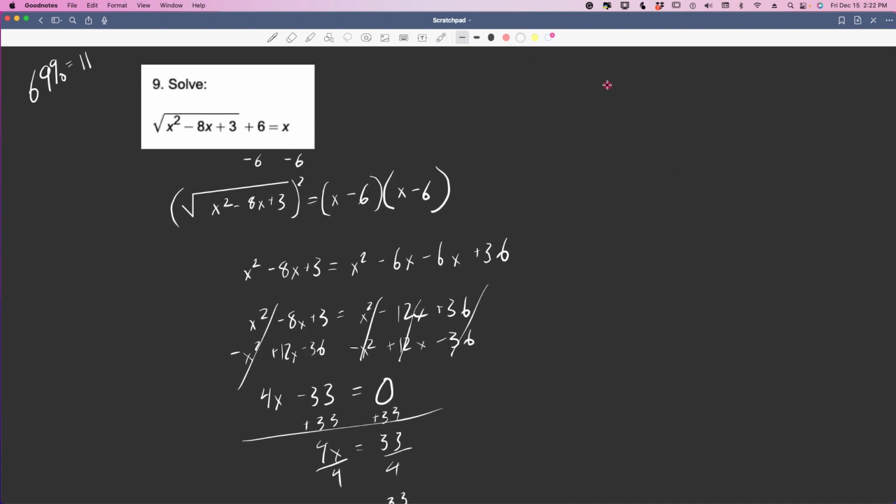So let's drop that in. So we got the square root of 33 over 4 squared minus 8 times 33 over 4 plus 3, plus 6, equals 33 over 4. So we're going to solve this kind of the same way. Let's just do this and see what we can get.